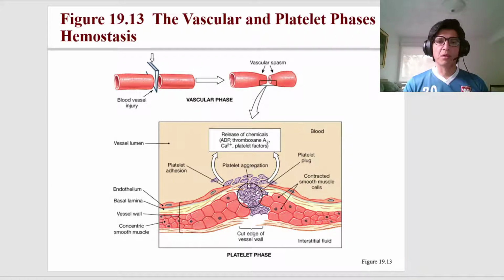The platelet phase involves the aggregation of platelets. Whenever you have a rupture, the collagen, which is part of the wall of the vessel, gets exposed, and that is where platelets attach.